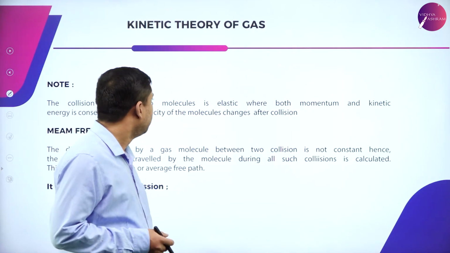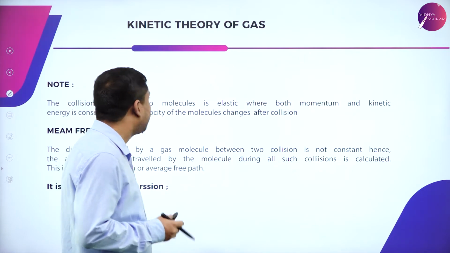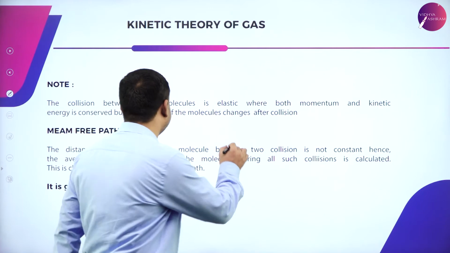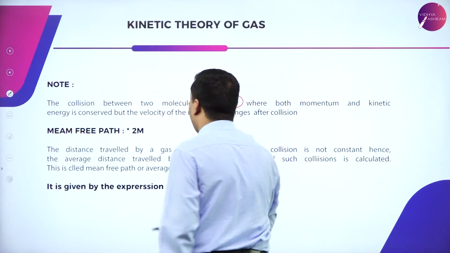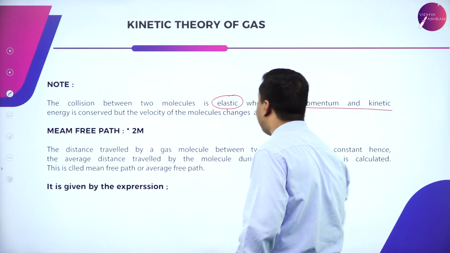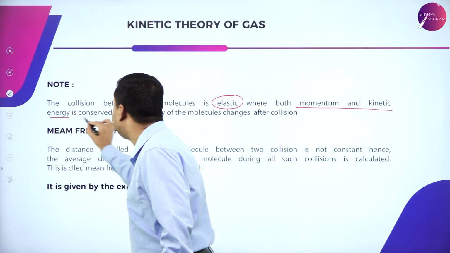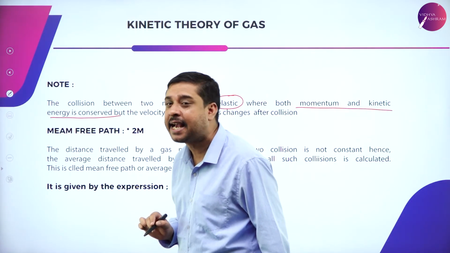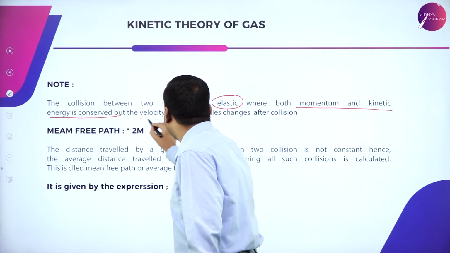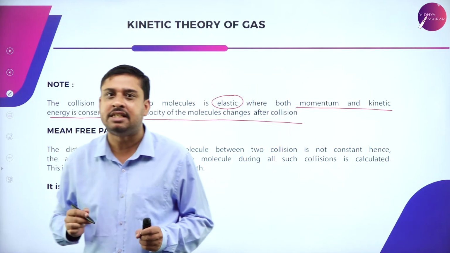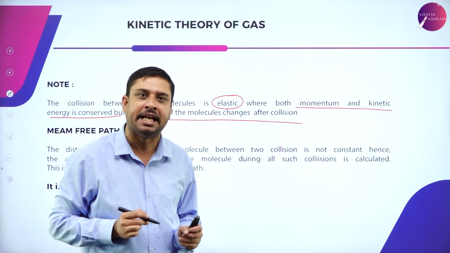Now, the collision between two molecules is elastic, no doubt, where we clearly said momentum and kinetic energy are conserved. But what happens to the velocity? Very clearly, the velocity of the molecules changes after collision.